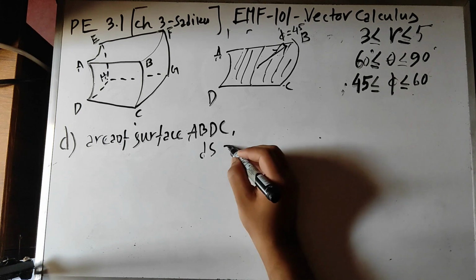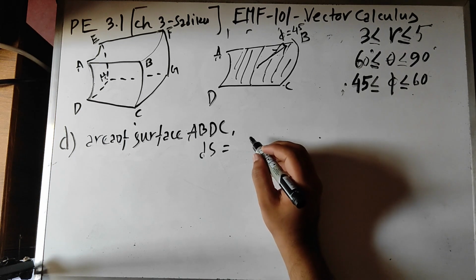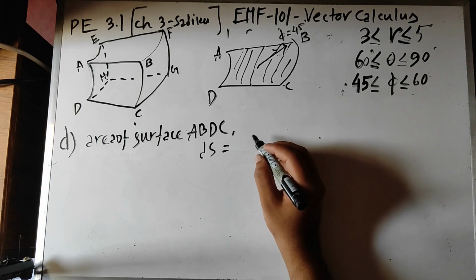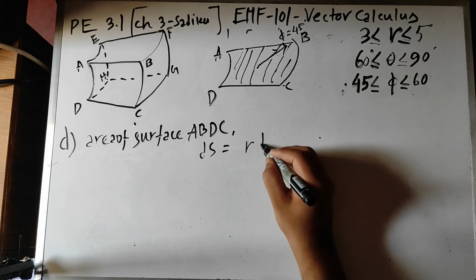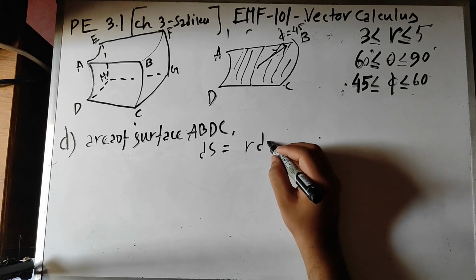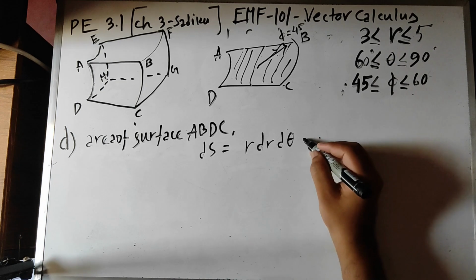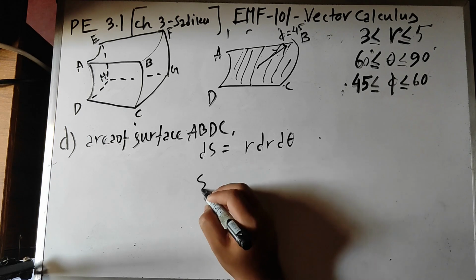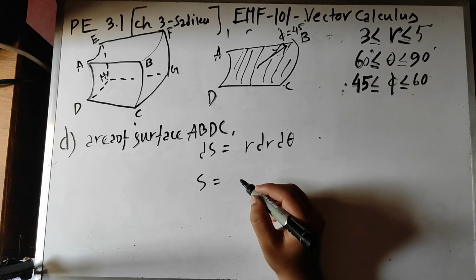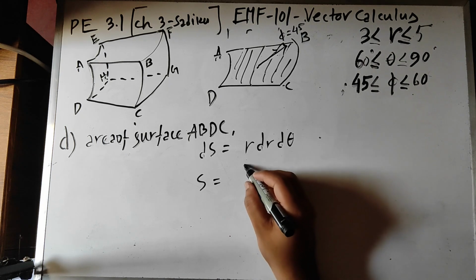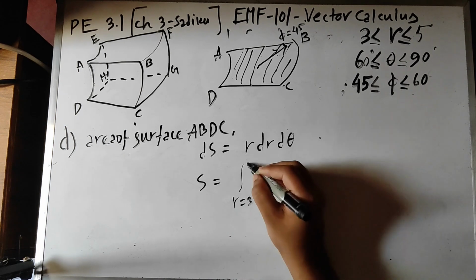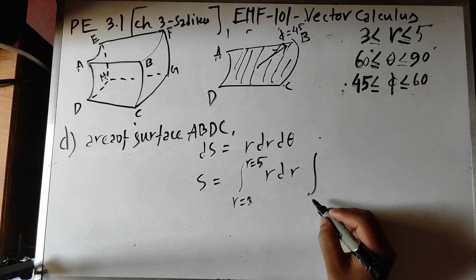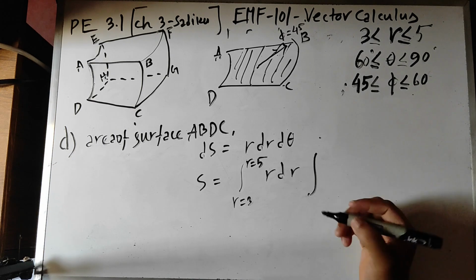So the differential surface in the direction phi is r dr d theta. Here r is changing from r equals 3 to r equals 5, r dr, and theta is changing while phi is constant, which is 45.